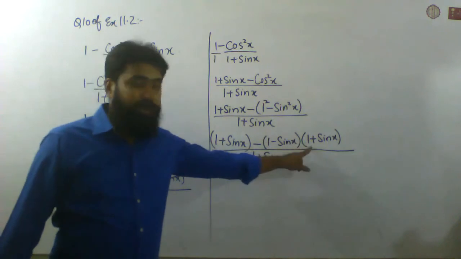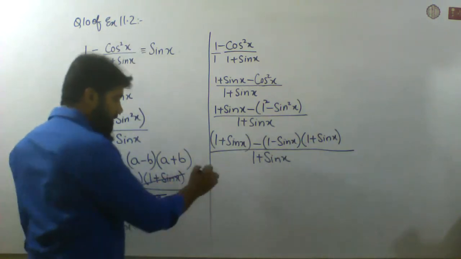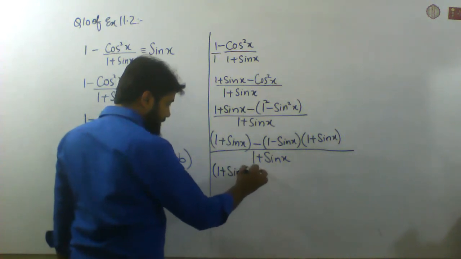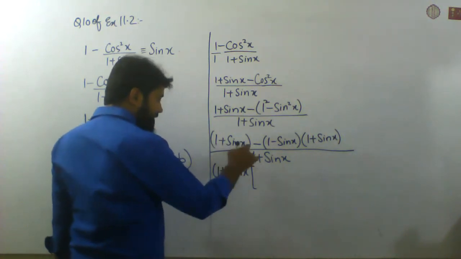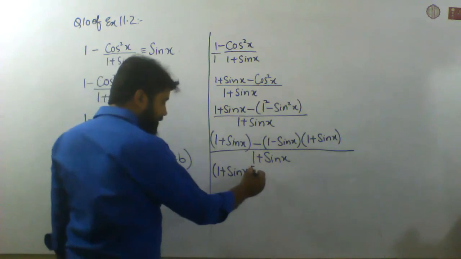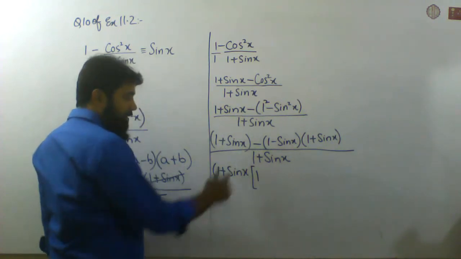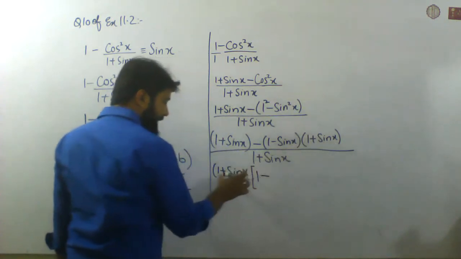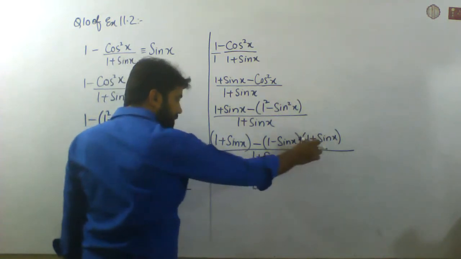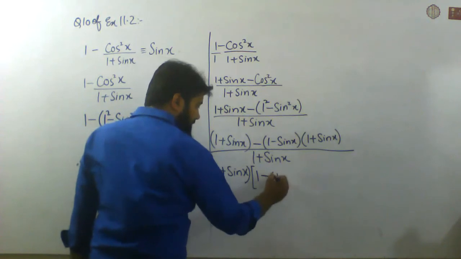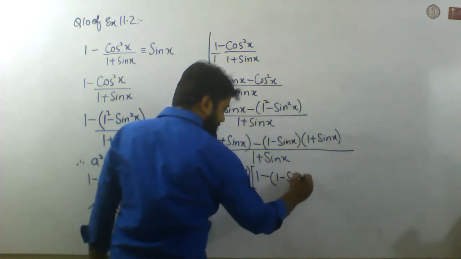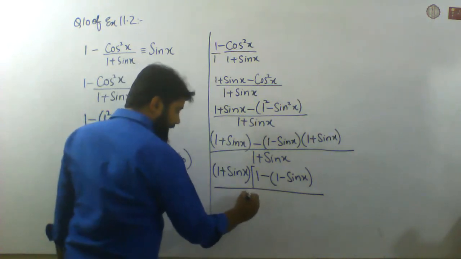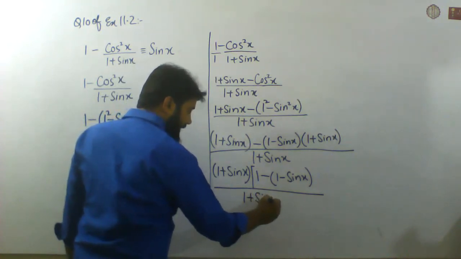1 plus sin x will be taken common. When 1 plus sin x has been taken common, what will remain? 1 minus sin x, and from here again this bracket is taken common. What is left? 1 minus sin x upon 1 plus sin x.